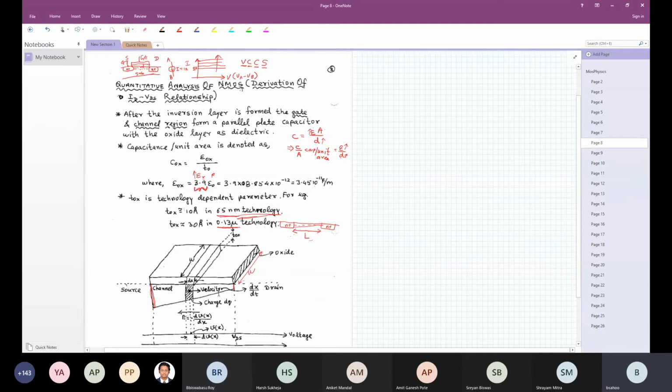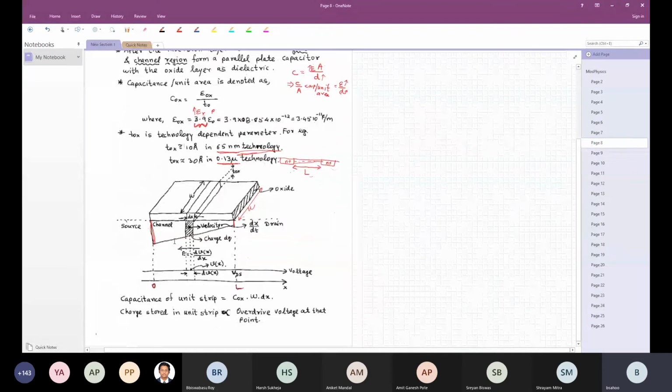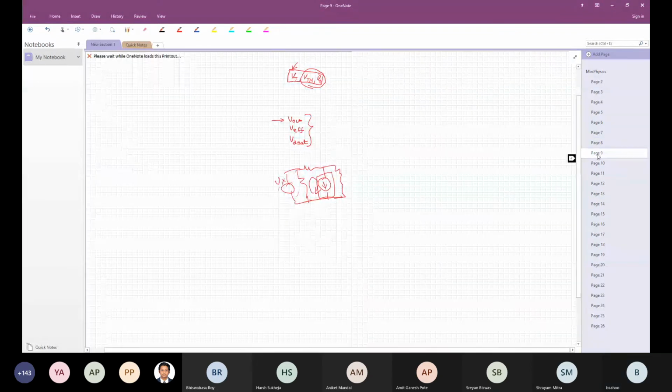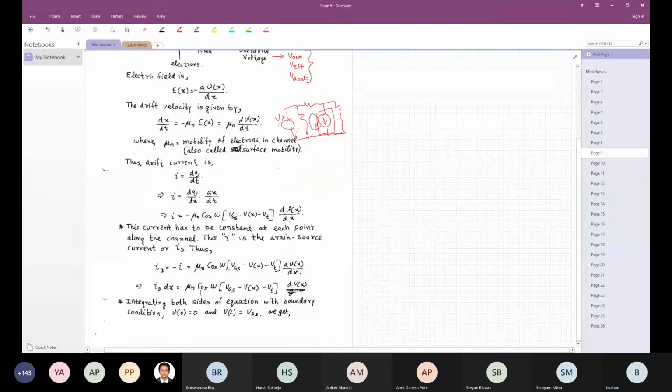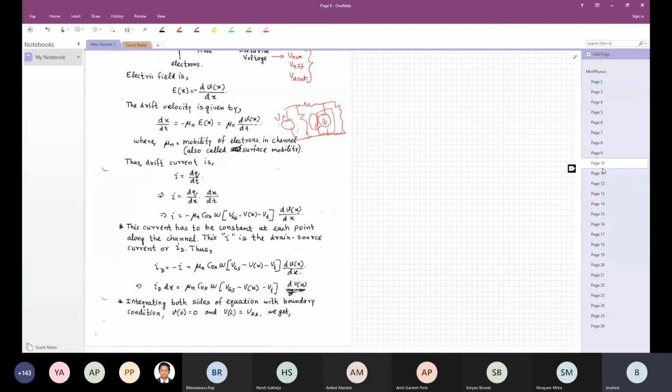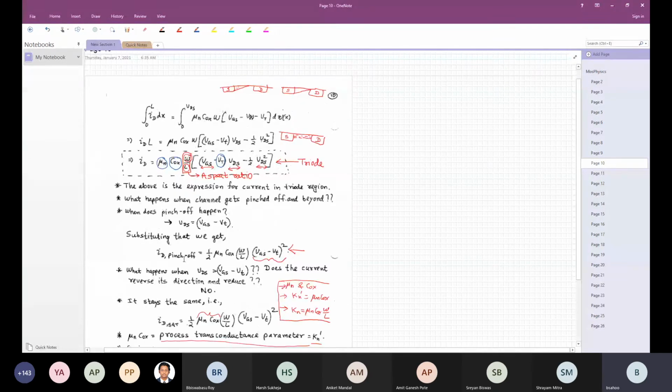But the current flowing through the channel is defined by this expression, or in saturation, it is defined by this expression. Now, as per this expression, if I keep changing the channel length, your drain current is going to keep on increasing. Does it make sense?